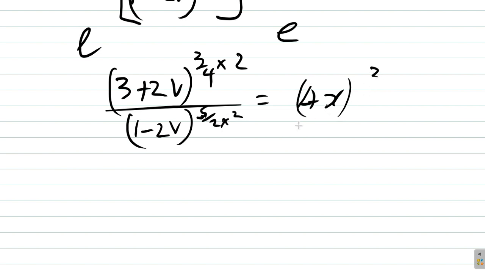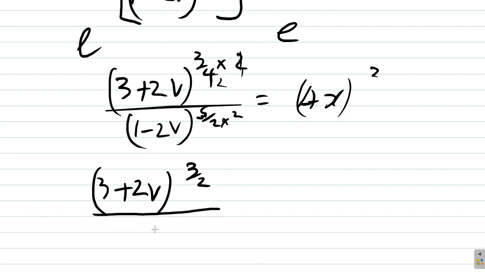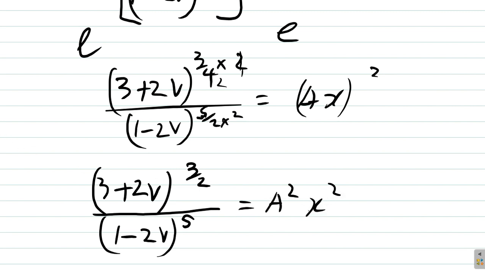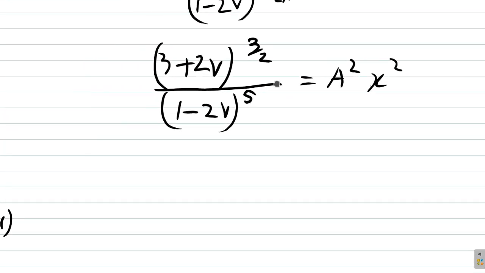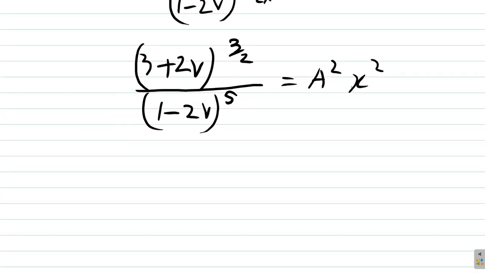So you have 3 plus 2v raised to the power of 3 over 2 over 1 minus 2v raised to the power of 5 over 4 equal a squared x squared. Alright, that's nice. So what else happened here now?